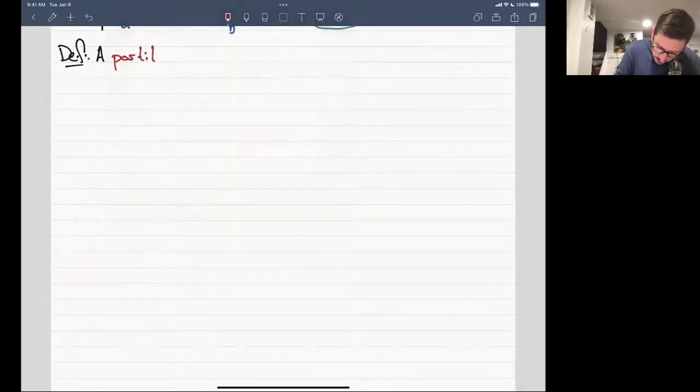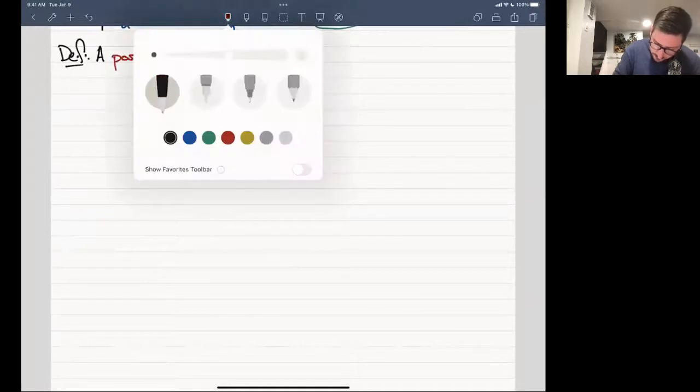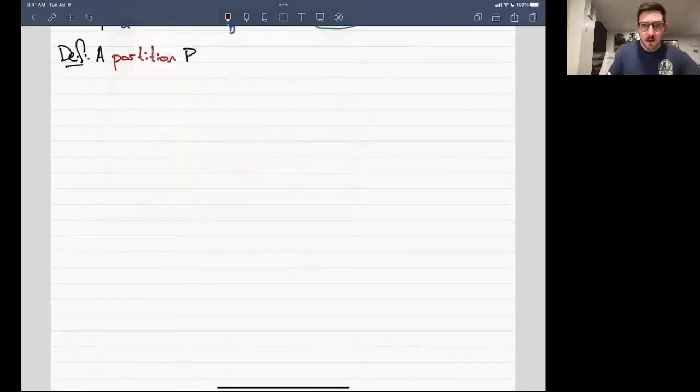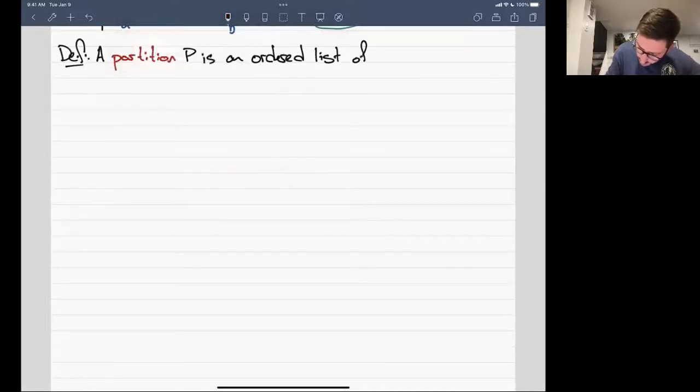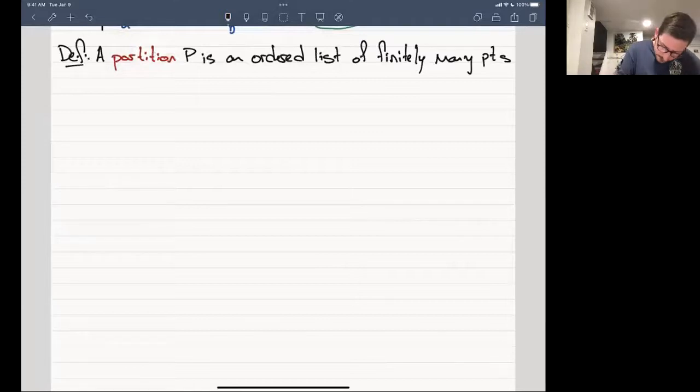So a partition, which we will call P, is an ordered list of finitely many points, starting with a and ending with b.